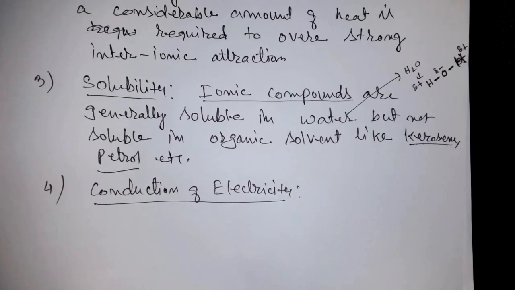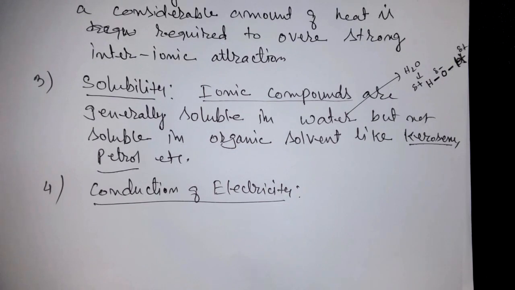Look here, the rule is that to conduct electricity, ions must be present. Not only present, the ions must be able to move. So ionic compound contains ions, but if it is in solid form, then the ions are tightly packed, and that means the ions are not able to move.